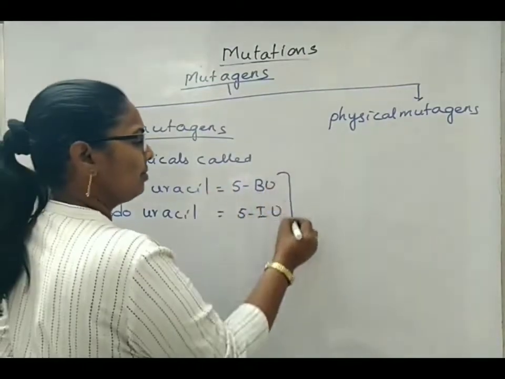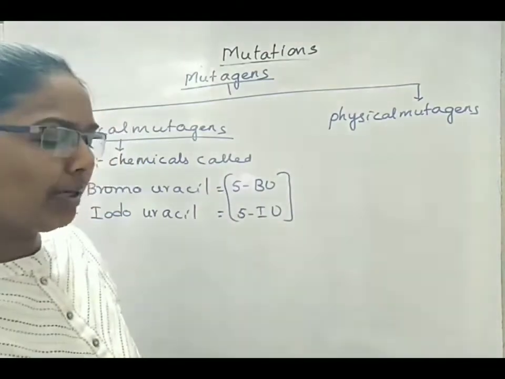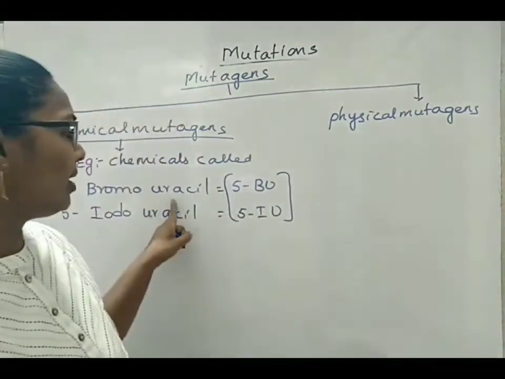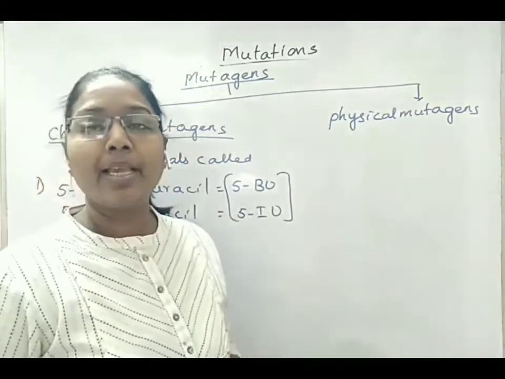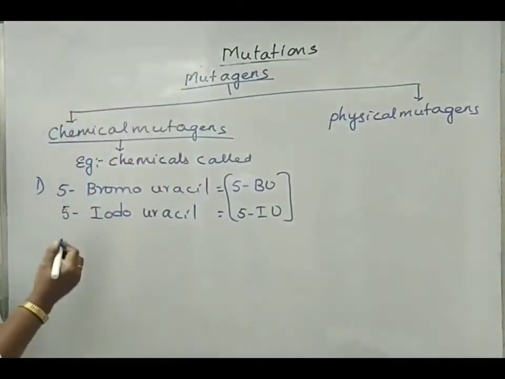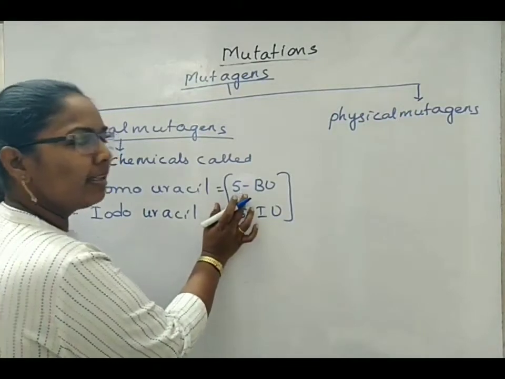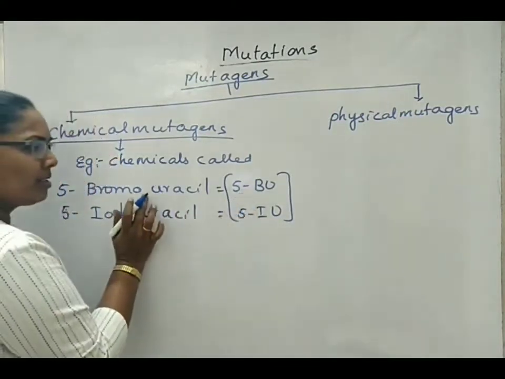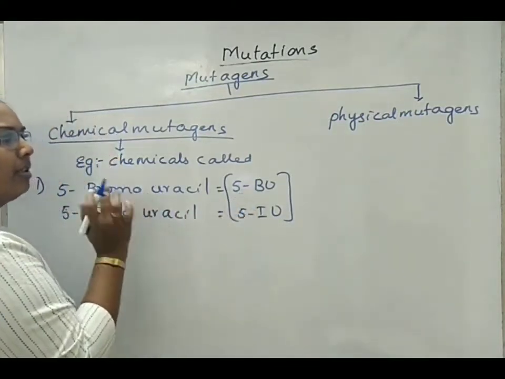Now, both of these, 5-bromouracil and 5-iodouracil, can be called base analogs of 5-methylated uracil, that is thymine. So this is called a base analog of thymine.